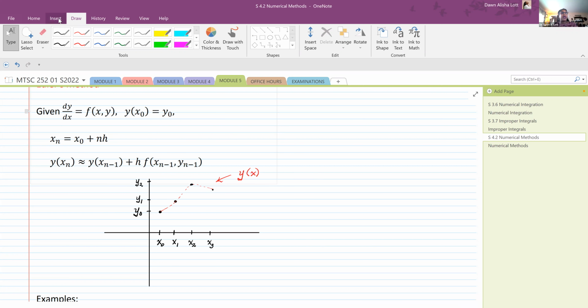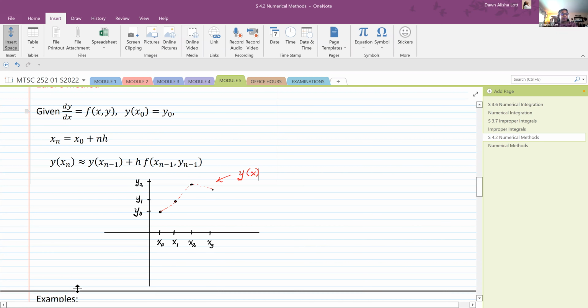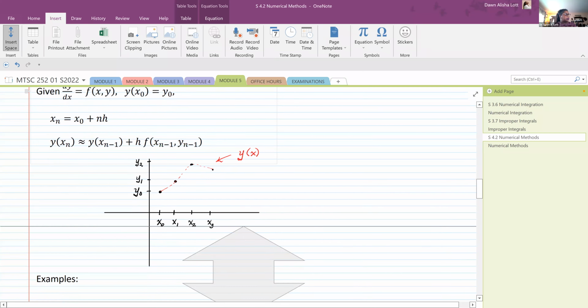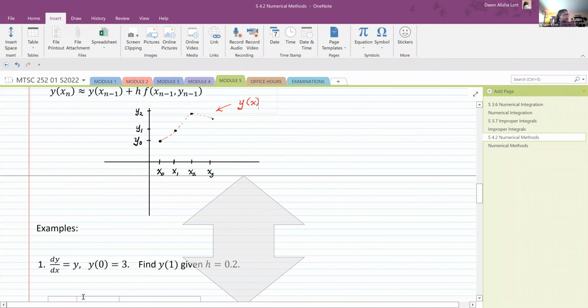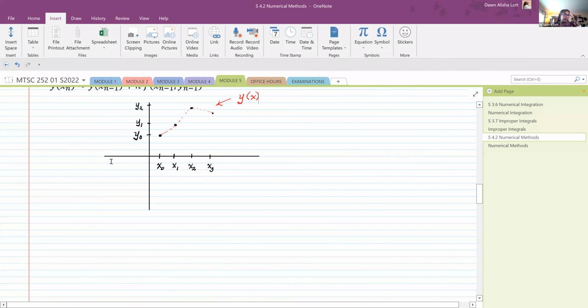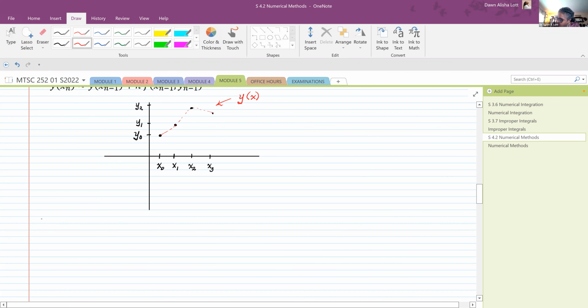So here's how we actually figure out this formula. I'm going to derive it. So here's Euler's method.